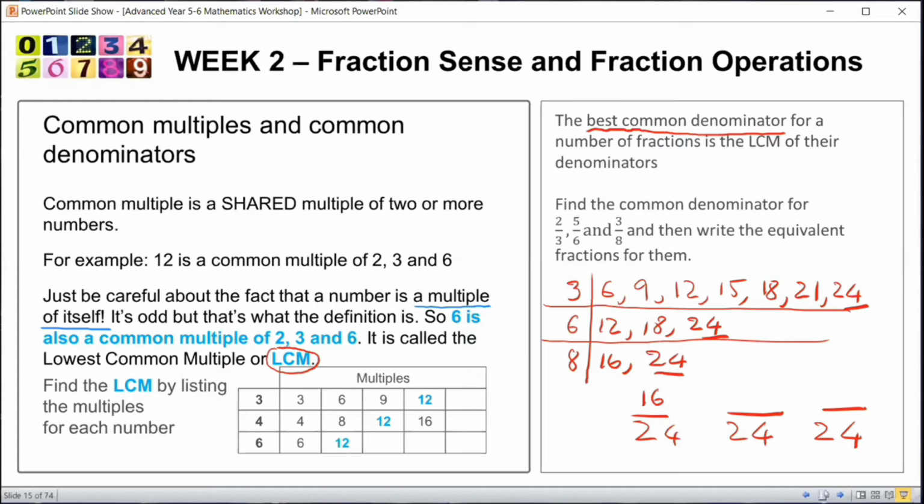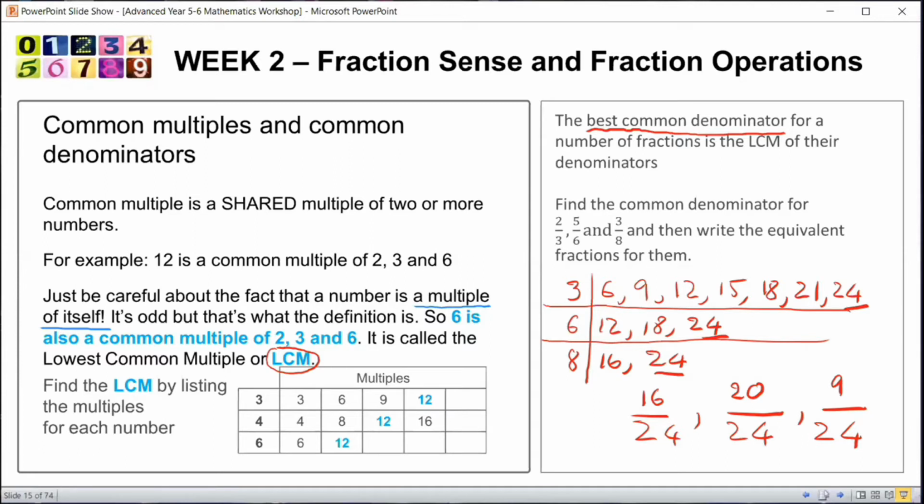The next fraction, 5 out of 6. 6 goes into 24, 4 times. So times 4 at the top. So 5 times 4, we get 20. And then the next one, 3 out of 8. 8 goes into 24, 3 times. So 3 times 3, we get 9. So that's it.